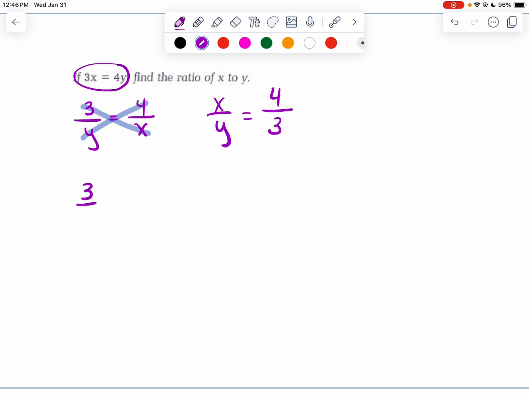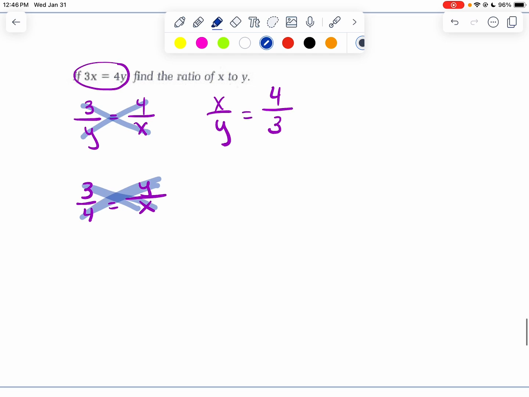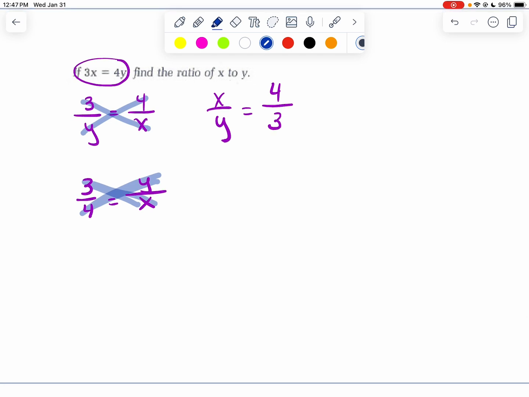Even if you had done 3 over 4, my purpose in doing this is so that you see it doesn't matter how you set it up. My x and my 4y are going to line up so that when I do this ratio, the x and the 3 are going to be diagonal, the 4 and the y are going to be diagonal.